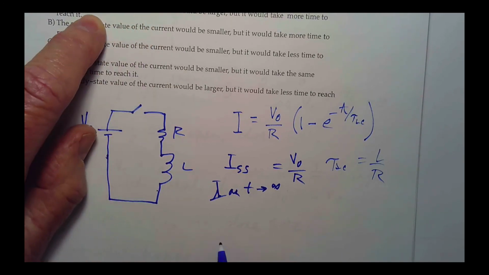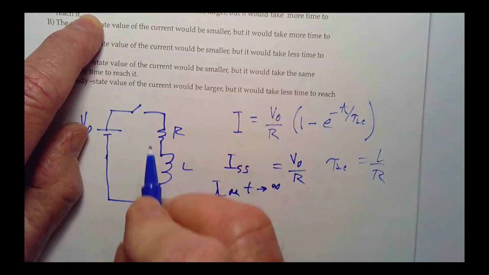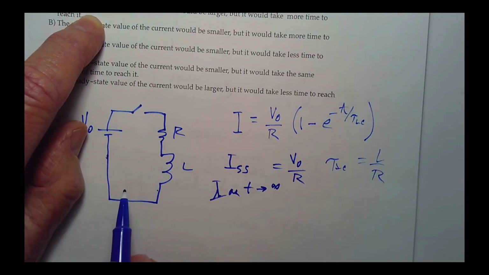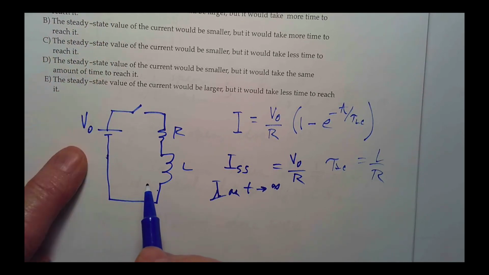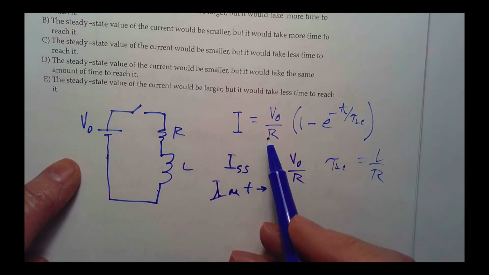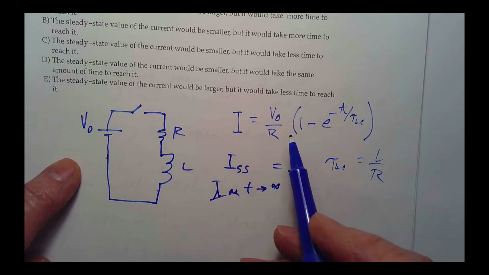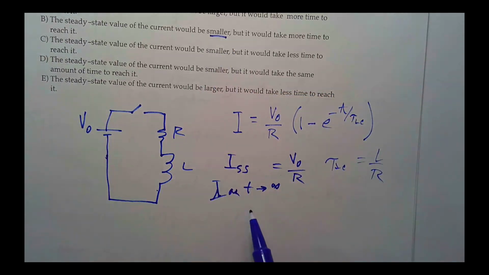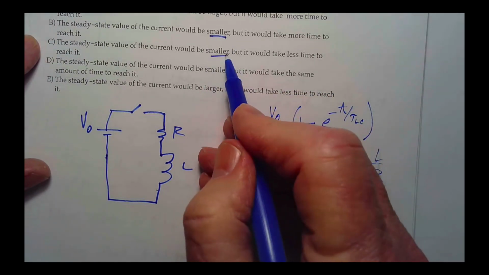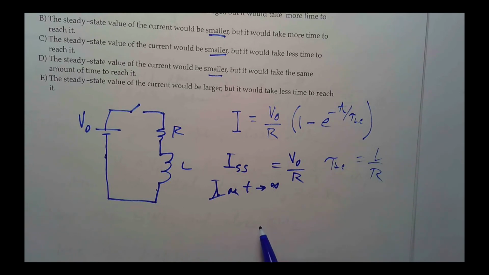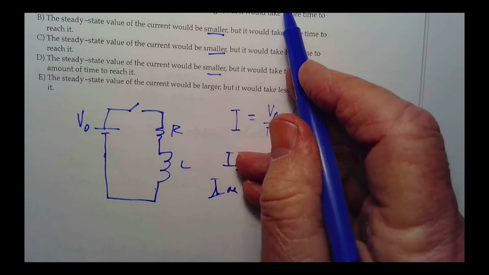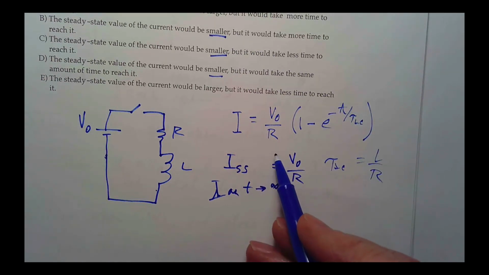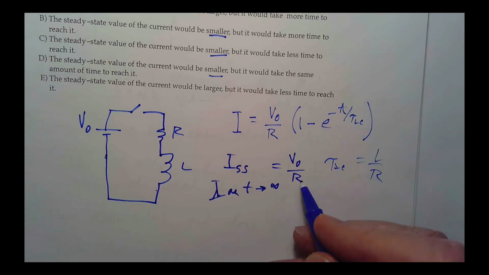This problem asks, what's the I steady state if I make the resistor a higher resistance? If I make the resistance higher, then the current would be smaller, so that's this term here.